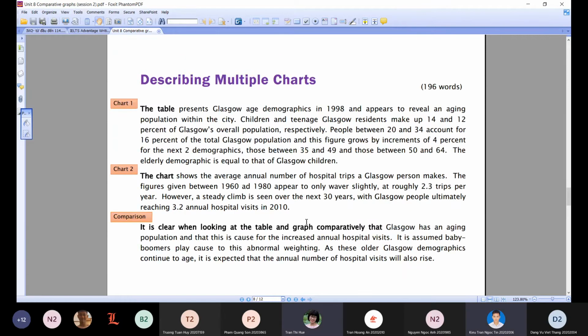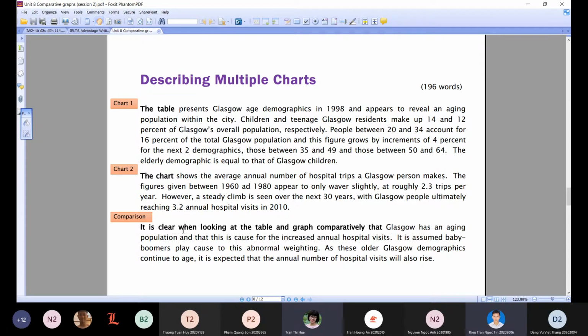Right. So in the last paragraph, the writer makes the connection between the two charts. Aging population in the table, and this is the cause for the increased annual hospital visits in the second chart, which is a line graph, right?